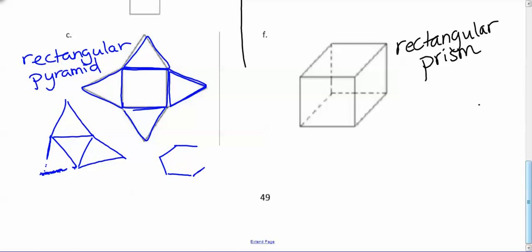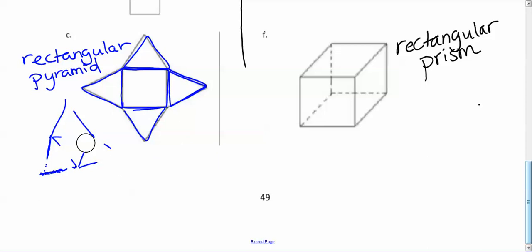You could have a, wow, I'm struggling today, a 6-sided shape, and then if each side had a triangle to go with it, that would form a point at the top. You could have an octagonal pyramid. I mean, really the possibilities are about endless.